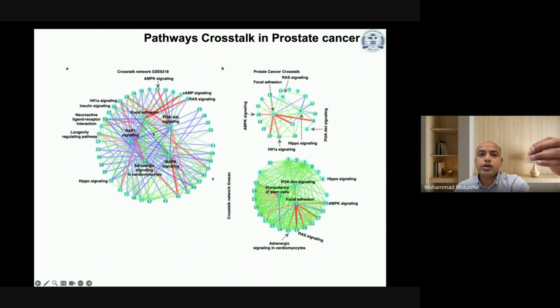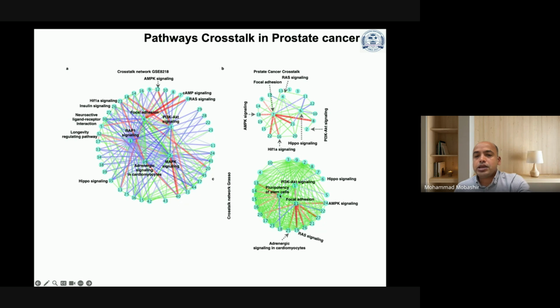For example, PI3K-AKT signaling pathways, MAP kinase signaling pathways, then focal adhesion, RAP1 signaling, adrenergic signaling, and there are some more signaling pathways. This is for one data set. This is for another data set, that is AMPK signaling. And then, by the way, there are a few things which you will find common. That is, the top pathways in terms of crosstalk are common in all kinds of data sets.